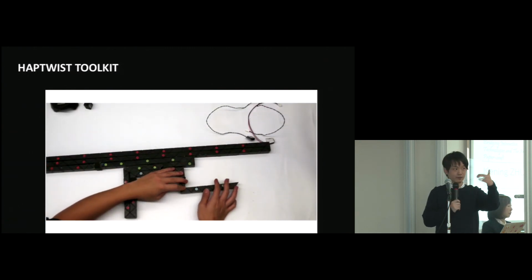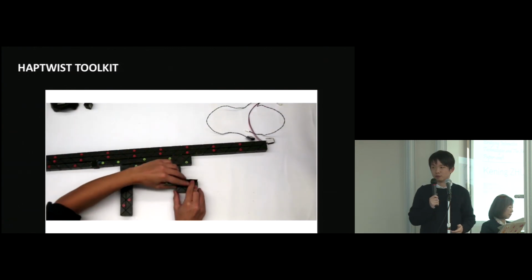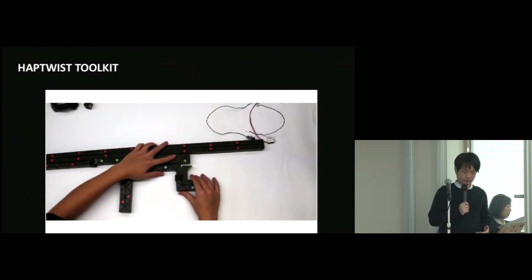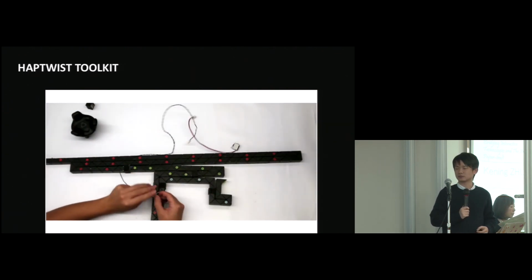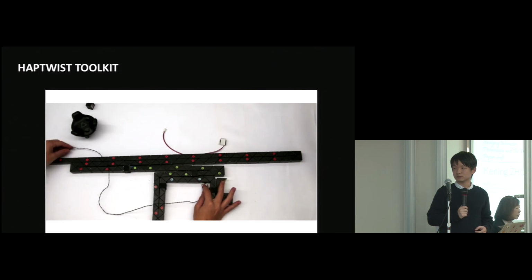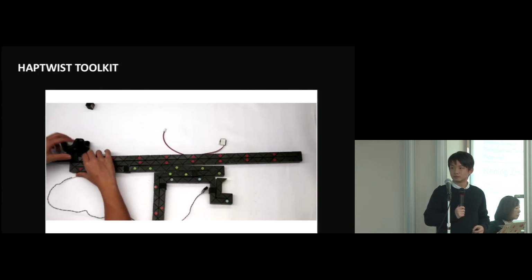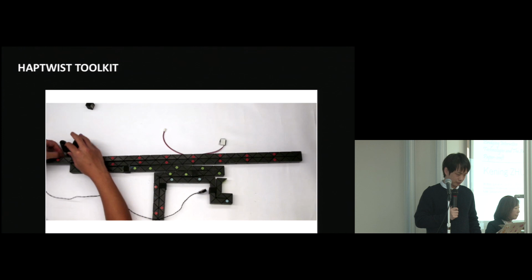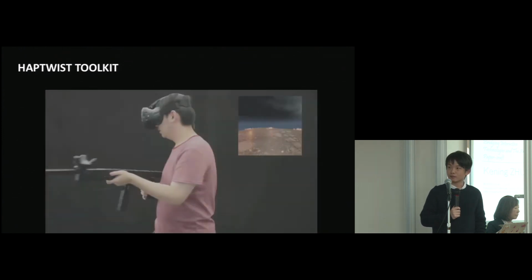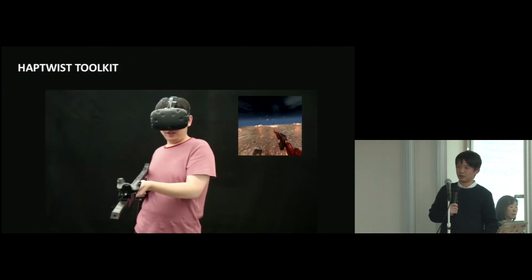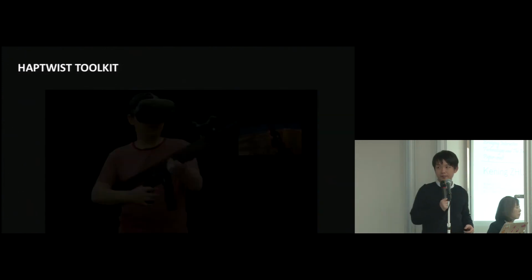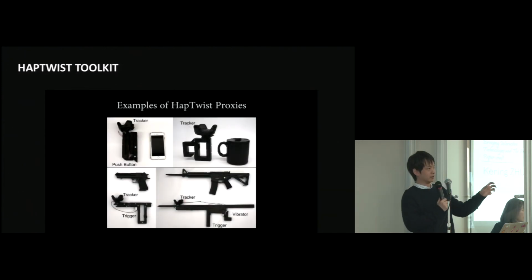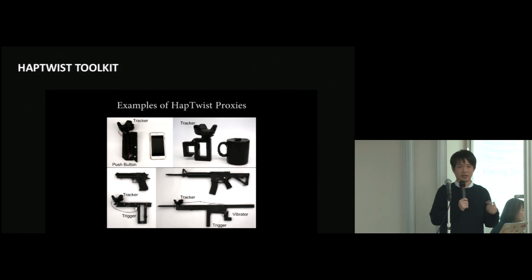And then they can also follow the structure to fold the physical shape. And then they can use the physical objects in the game. And when they touch the object, they feel that, okay, when I see this object, I also touch it.